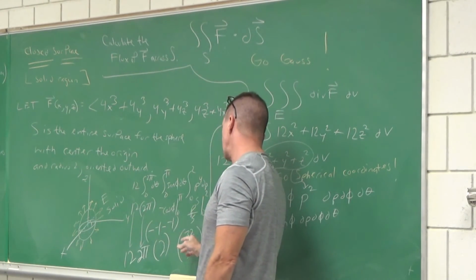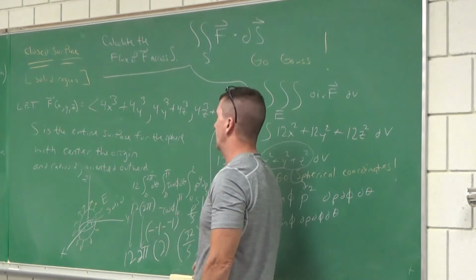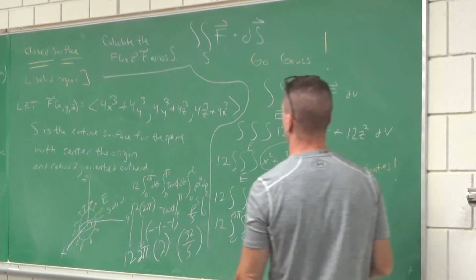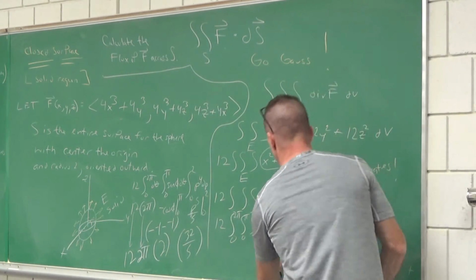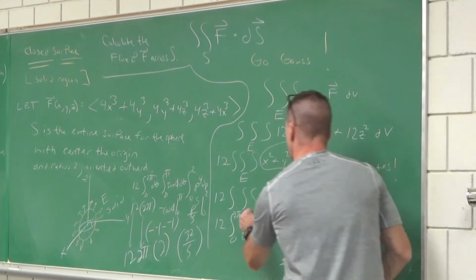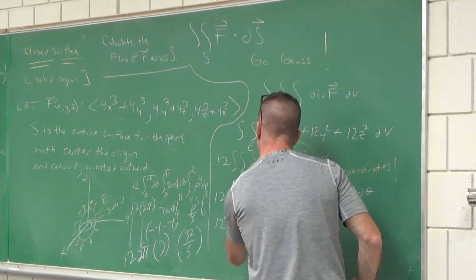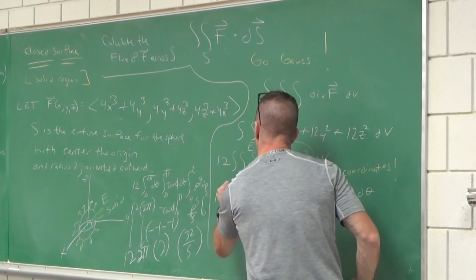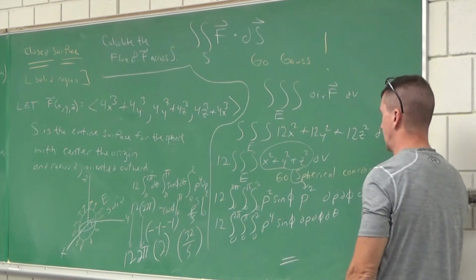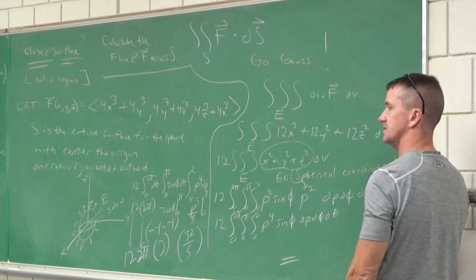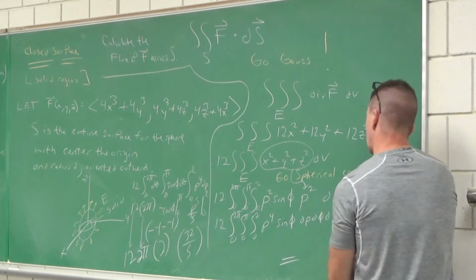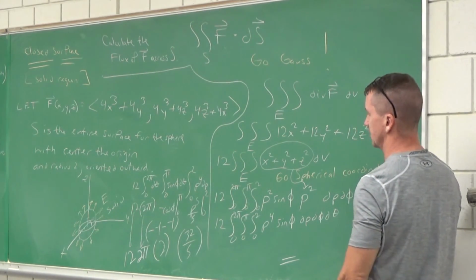What's 48 times 32 over 5? I'll let y'all hit it. And we'll write it in terms of pi. What do you get? Fill that in. In case you forgot.